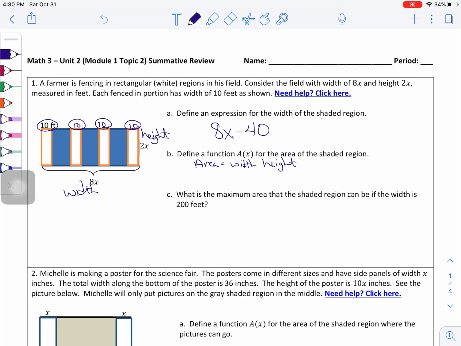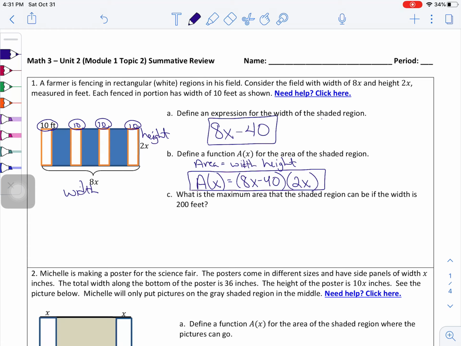So that would tell us that our area function, A of x, is equal to, well, our width is 8x minus 40, and our height for the shaded region is the 2x that was along this edge. That hasn't changed. There's nothing we're subtracting from that. So this right here would be our function for the area of the shaded region. I'm also going to box up part A here, the 8x minus 40, so you know that was done as well.